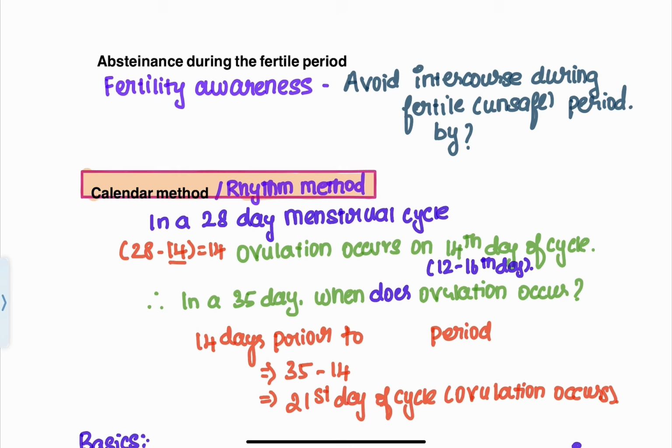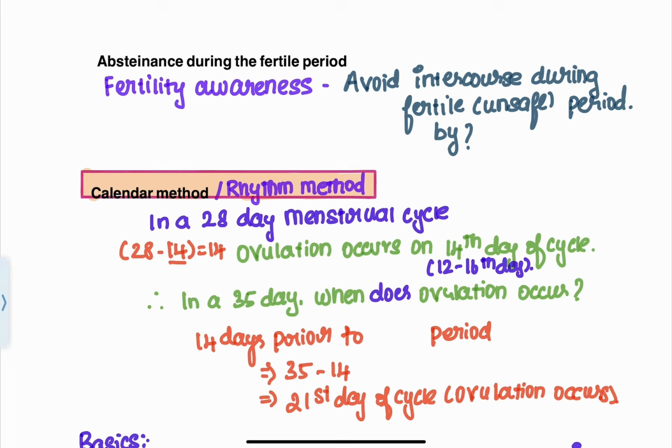But you cannot be very certain that in every single female ovulation is going to occur on day 14 of the menstrual cycle, because ovulation can occur somewhere between the 12th to 16th day of the menstrual cycle. So you can't be very sure that it is going to occur on day 14 of the cycle.